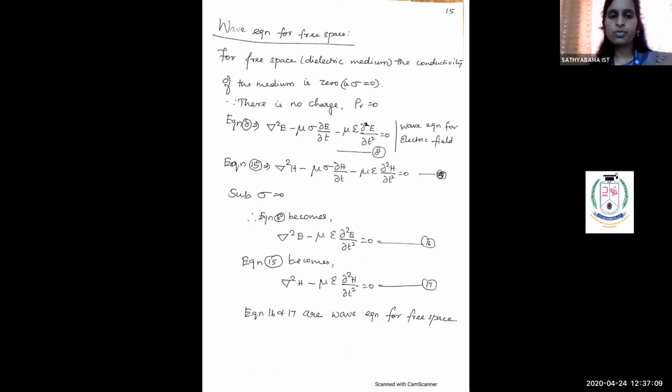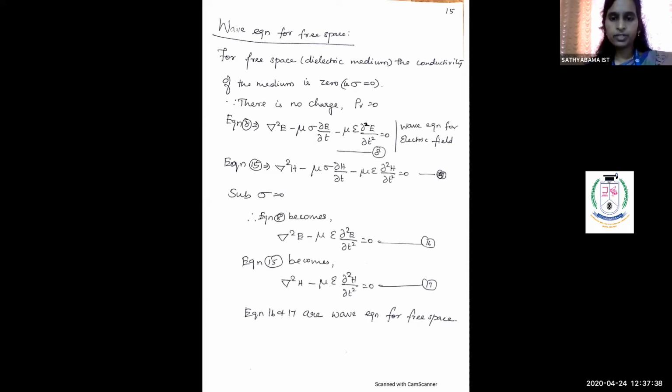These two equations we are going to take and substitute sigma is equal to 0 and rho v is equal to 0. See the middle term of your 8th equation, that is mu sigma dou E by dou t. In this term we have sigma, so sigma is equal to 0. So the middle term of your 8th equation vanishes. And see the 15th equation.